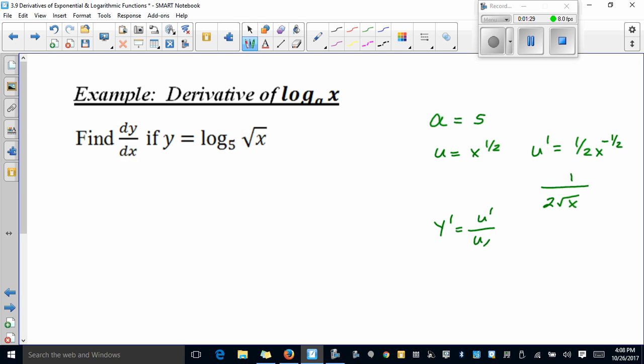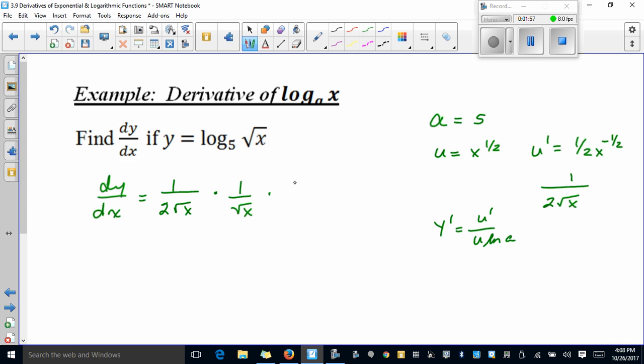So here we go, dy/dx equals u prime, which is 1 over 2 square root of x, over u, our u value, which is square root of x, times natural log of 5.